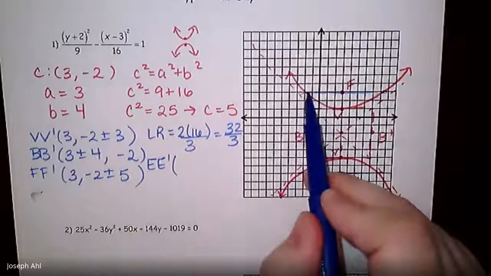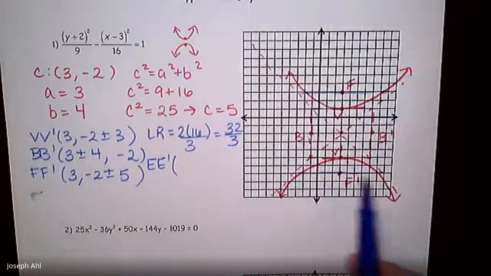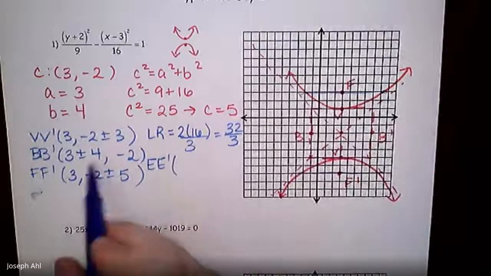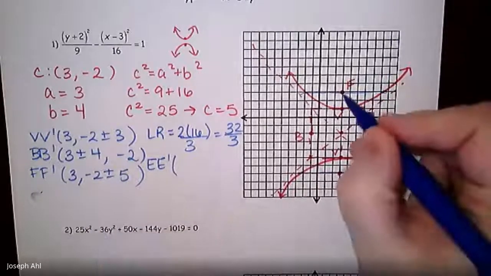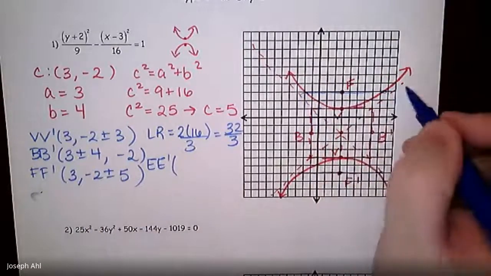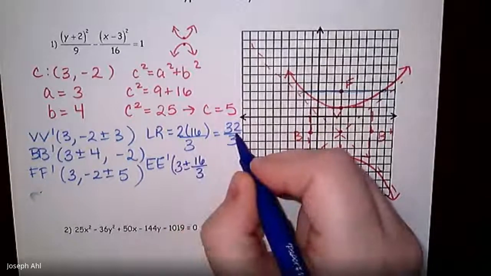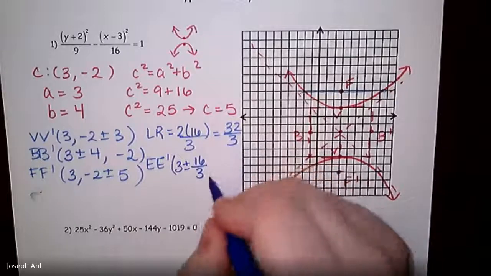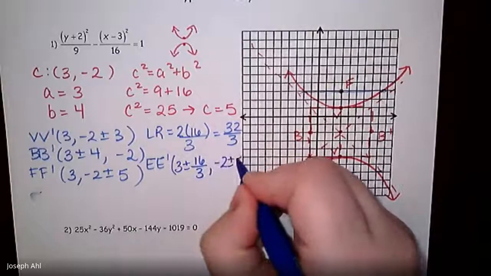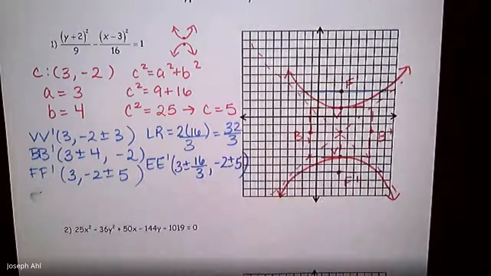So we know that the ends of the LR have the same y value as the foci, -2 plus or minus 5. But from the x value of 3, we have to add and subtract half the length of the LR. So if this is 32/3, cut that in half to get 16/3. And then the y values are the same as the foci, -2 plus or minus 5.